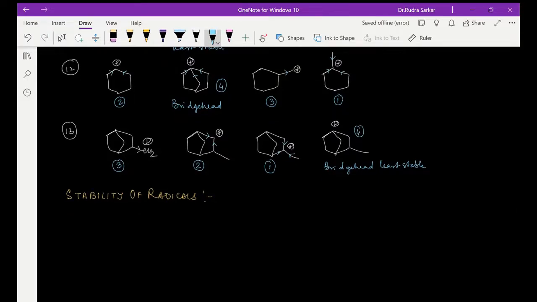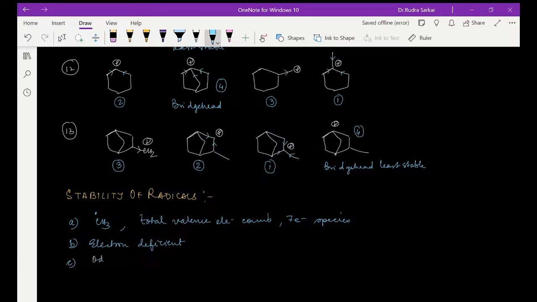Let's take the simplest example, say CH3 dot, and we can see if we do a total valence electron count, this is a 7 electron species, so it is electron deficient.